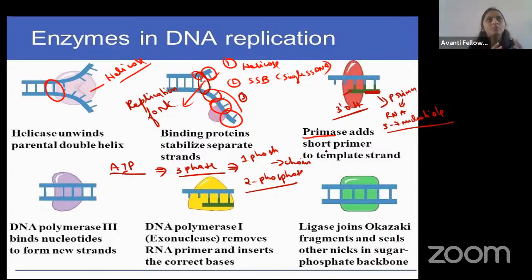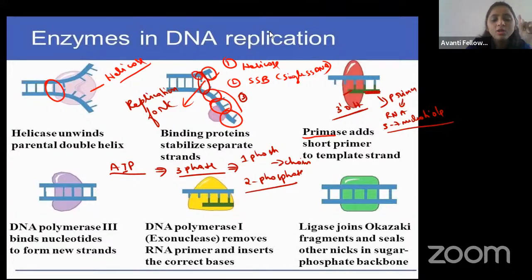I will ask you how many chapters you will read in 1 hour, or in 1 day, guys. You will tell me, ma'am, maximum three chapters. During exam time, you will read more than 5 to 6 lessons, right? So here the DNA polymerase will add about 2000 nucleotides per second.